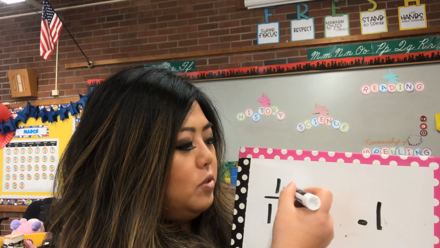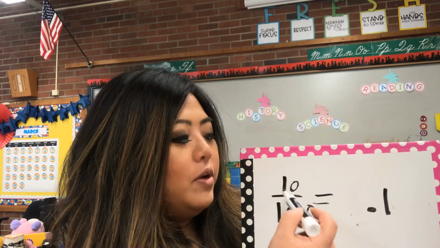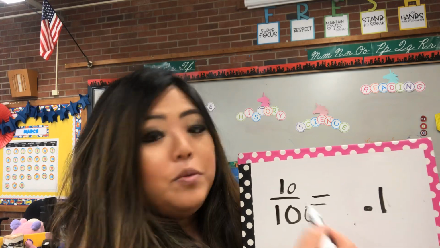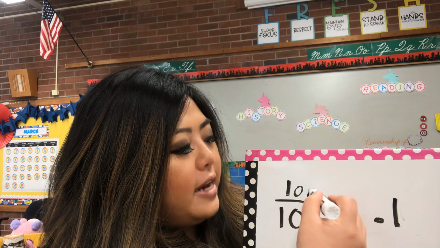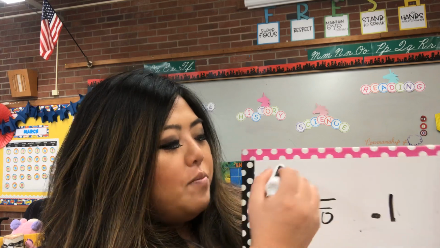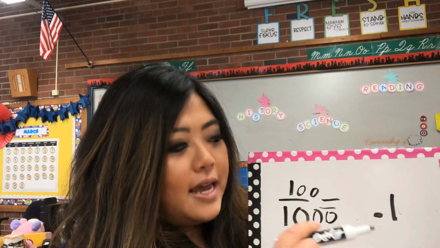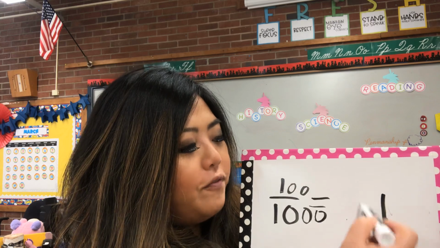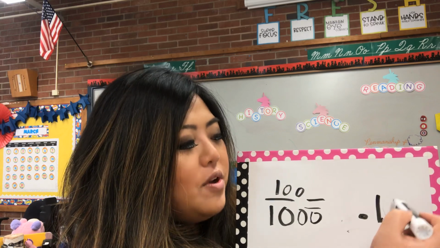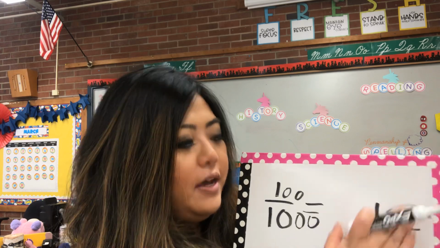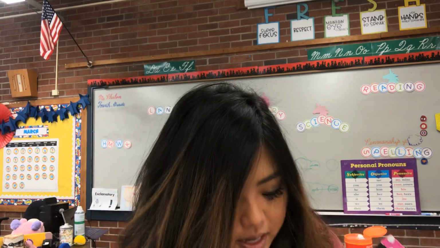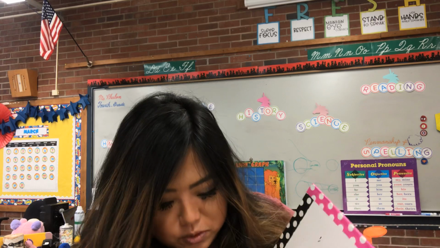If you added 2 zeros to this, you'd have 10 hundredths, which you can reduce: if you divide both by 10, you would get 1/10. So you can add as many as you want. Now, if you add more to the beginning, that's not the same. You can't add them before the decimal point, but after the number, you can seriously add as many as you want, and it will not change its value. So this is what we're learning about decimals.